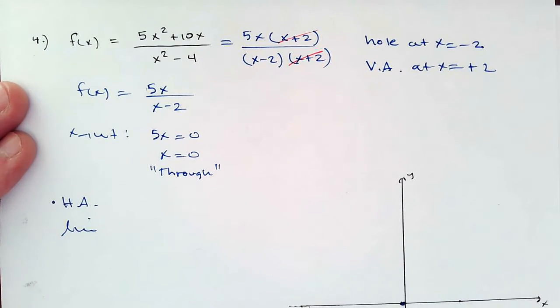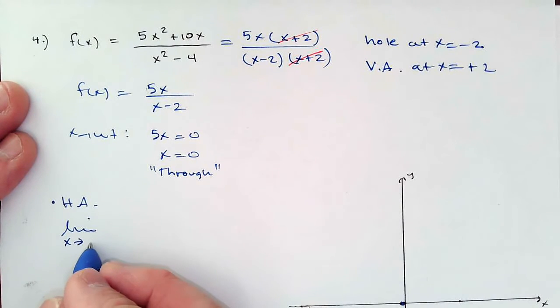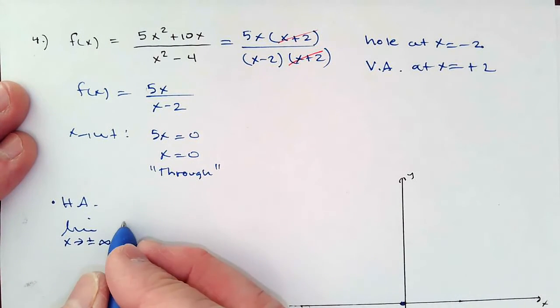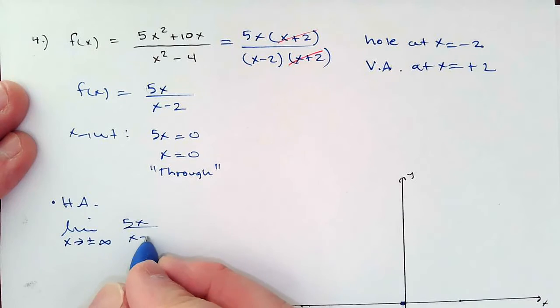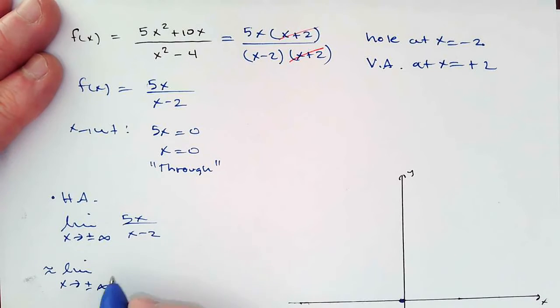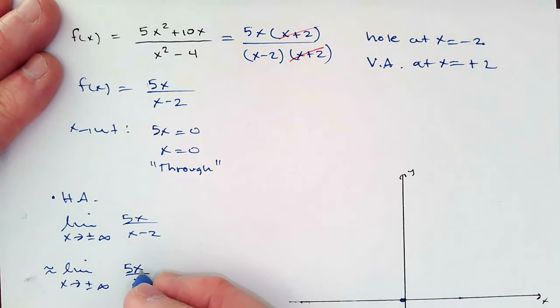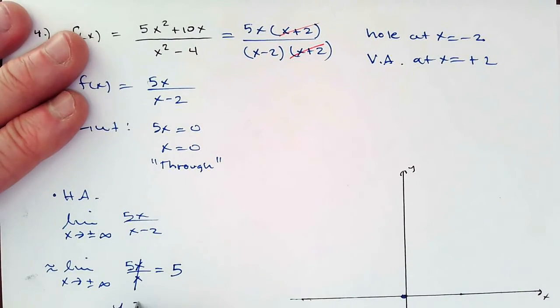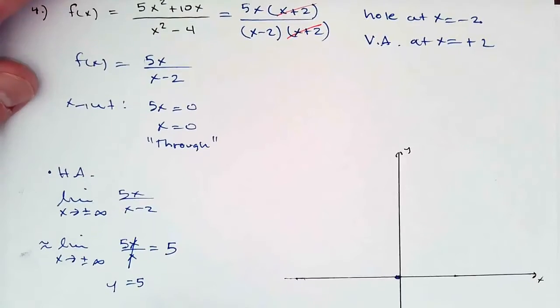If we take the limit as x goes to plus or minus infinity, that's going to be essentially focusing on the highest power on the top and the bottom. That's just 5x over x, which is going to give us 5. So we have a horizontal asymptote of y equals 5.